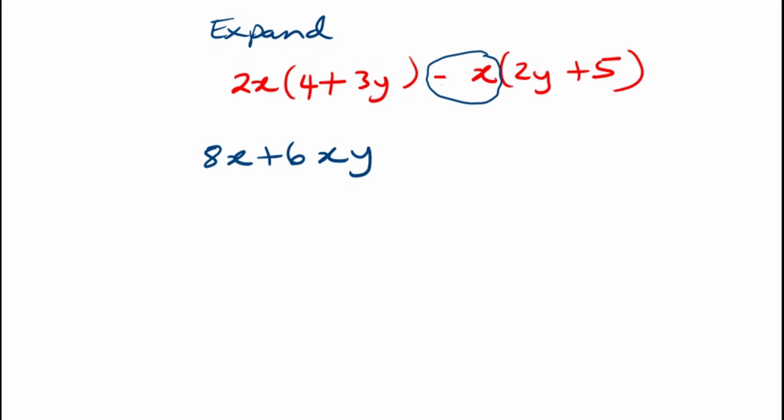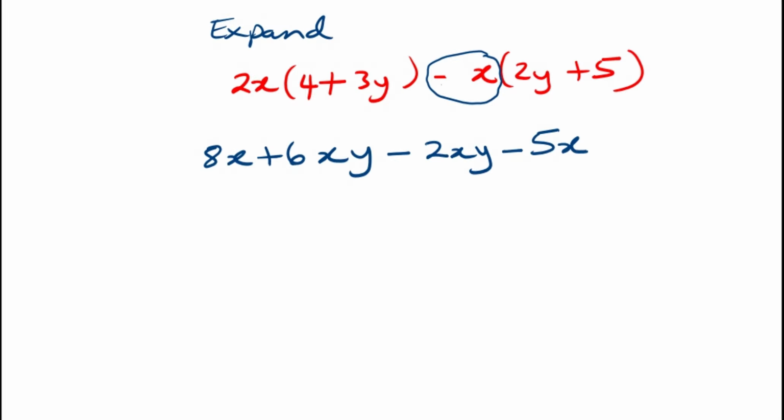So here, what happens is that minus s goes for 2y, and that becomes minus 2sy, and then minus s goes for plus 5, and again that becomes minus 5s. Okay, so here we have expanded as we were told, but this is not a very matured way of presenting our final answer.